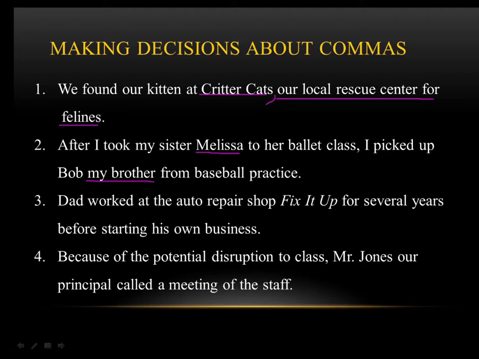After I took my sister Melissa, do I need this for specific identification about which sister I'm talking about? I need it. I don't want to put commas around it. I've got 5 sisters. Then the second one, I picked up Bob. Do I need this appositive to tell you who I'm talking about? No. I know I'm talking about Bob.